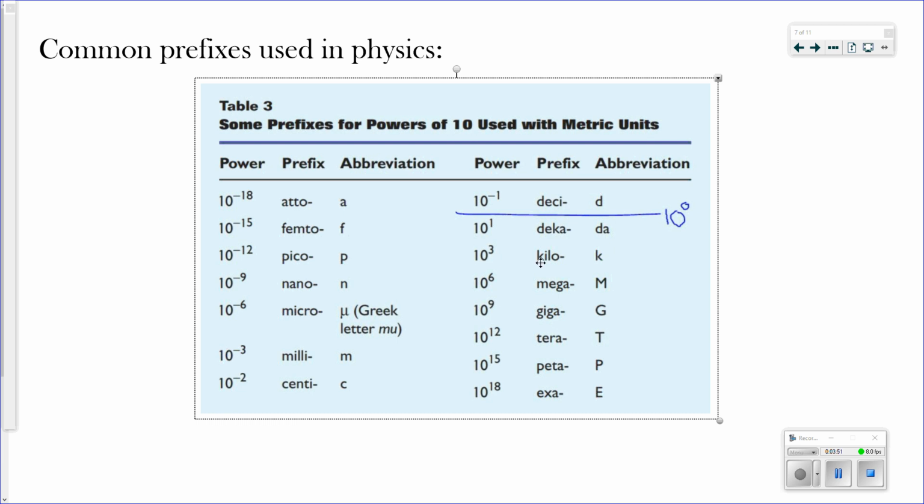I have a kilometer of meters. If I want 1/1000th of a meter, then I see right here 10 to the negative 3rd is 1/1000th or 0.001, and I have a millimeter. And I just add the prefix in front, attach it to the SI unit on the back side.